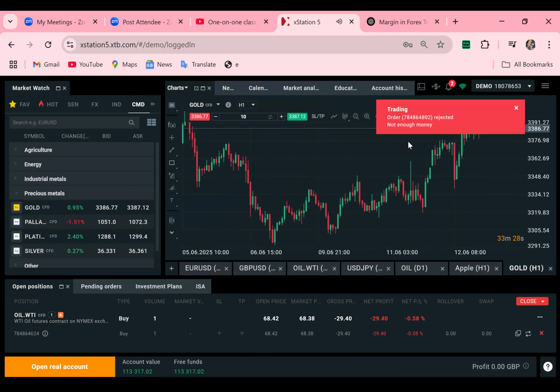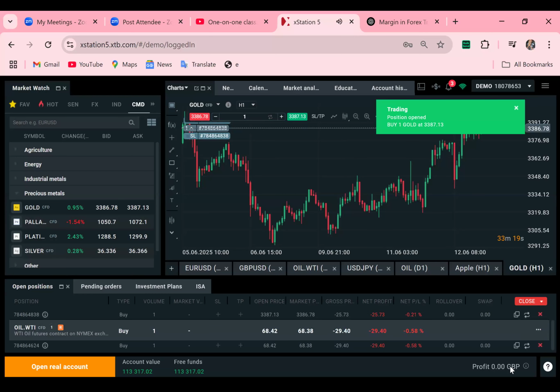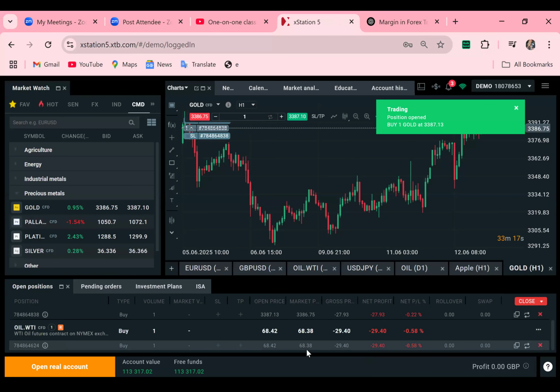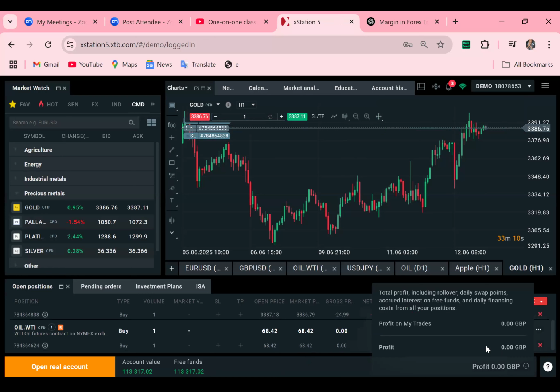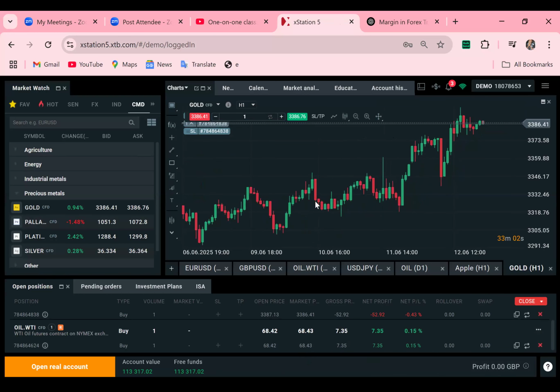Okay, it says rejected, not enough money, because I cannot use one volume again to buy this thing at that price. Okay. This is also open, but let me check it. It's moving. It's not giving me what I want. Are you sure I opened a CFD account? Or is this futures? Let me check. It's like this is not CFD.